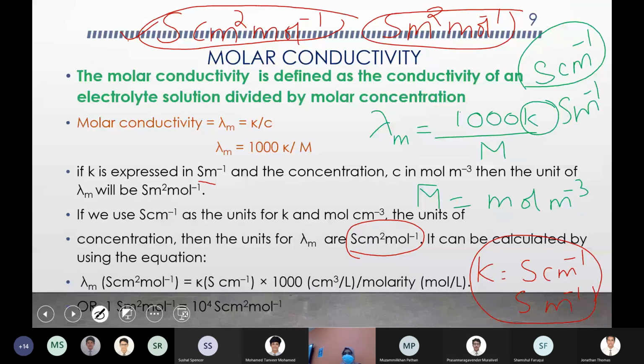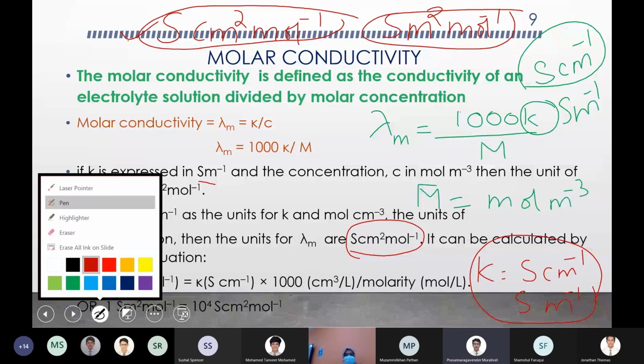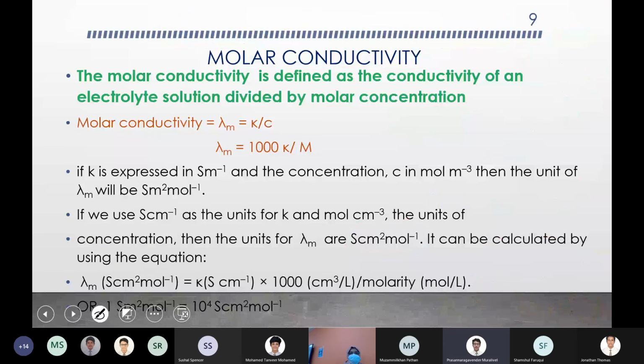Ma'am, what is C in the formula? K by C. That is as per the definition. Molar conductivity means conductivity kappa divided by concentration, and that concentration should be molarity.